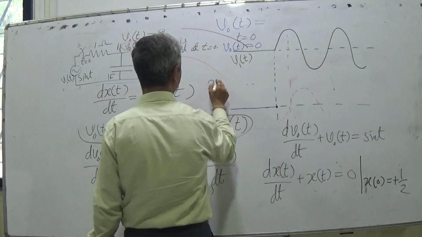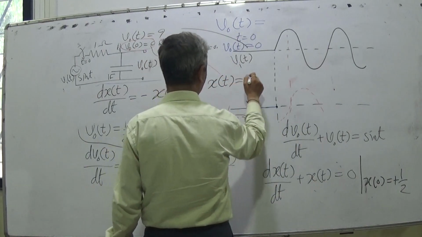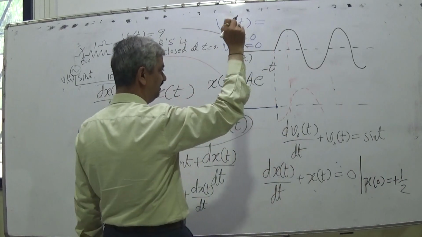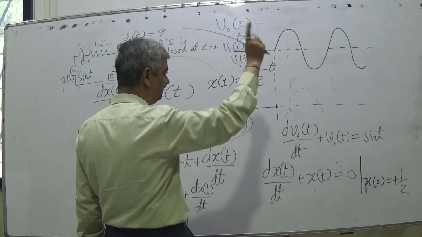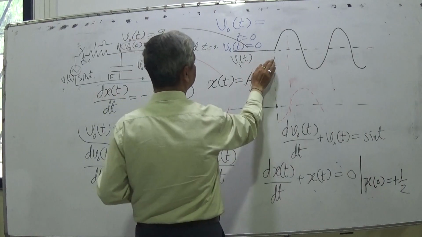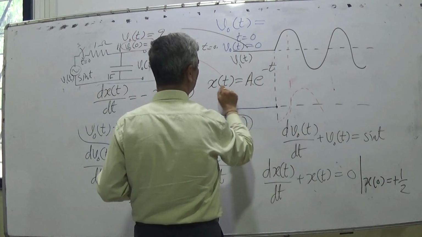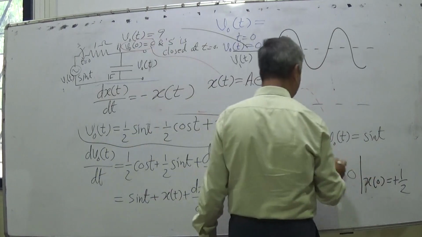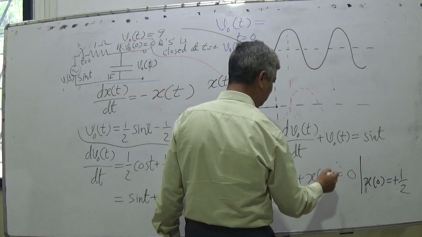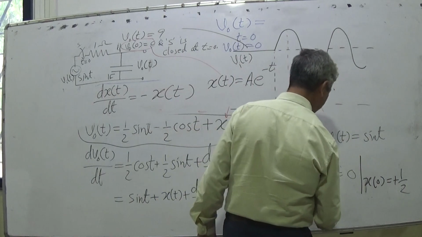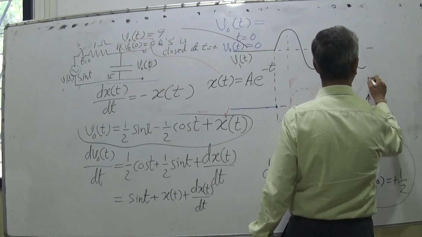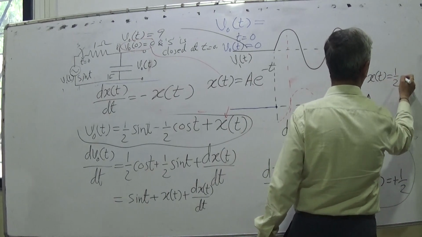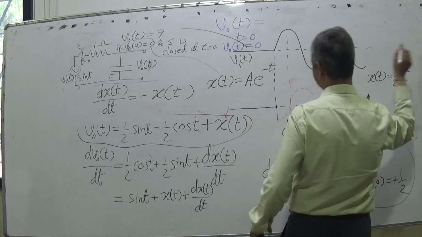So x(t) must be a e raised to minus t, and at t equal to 0 this is 1, so x(0) is a, that is half. So x(t) is equal to half e raised to minus t.